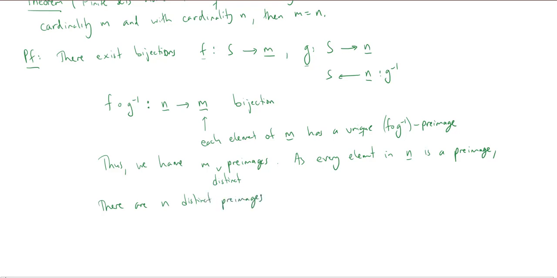Well, how can that be? How can you have both M distinct preimages and N distinct preimages? Well, it can only happen if M is equal to N. Okay, so there's our proof.